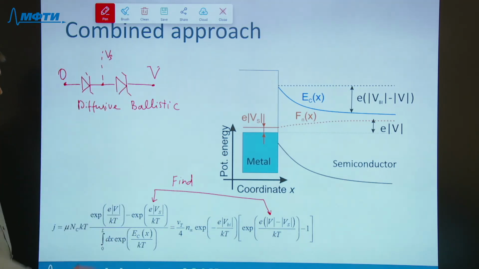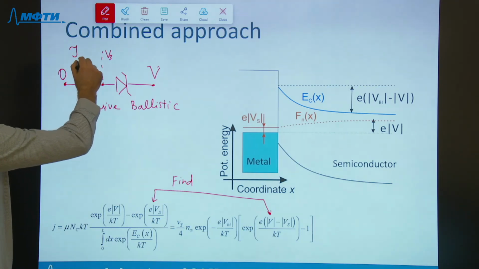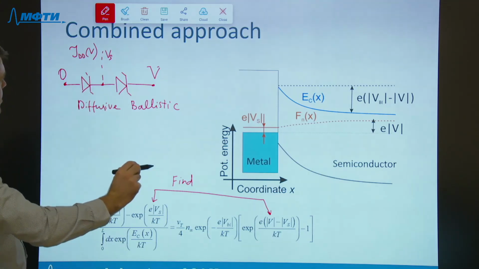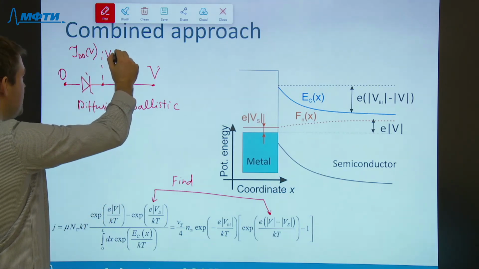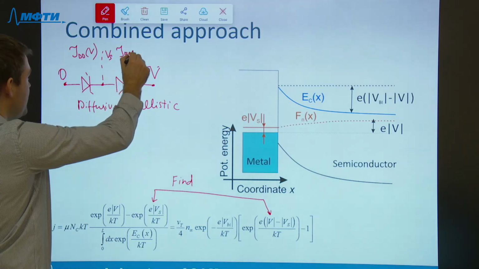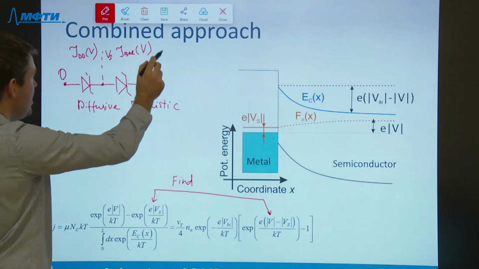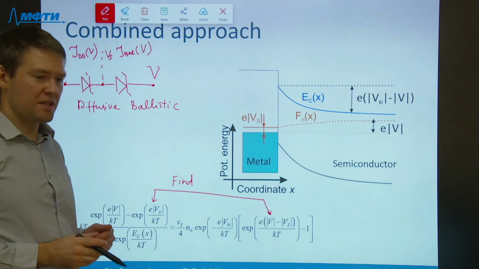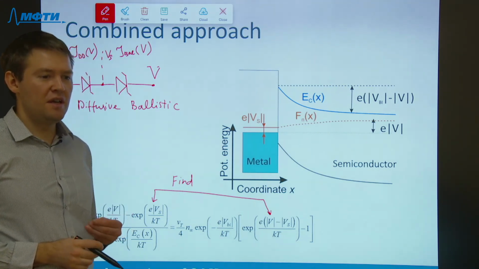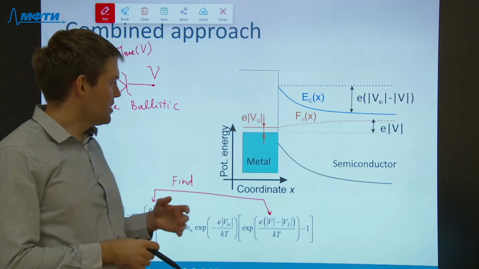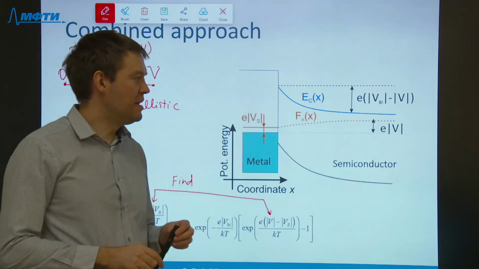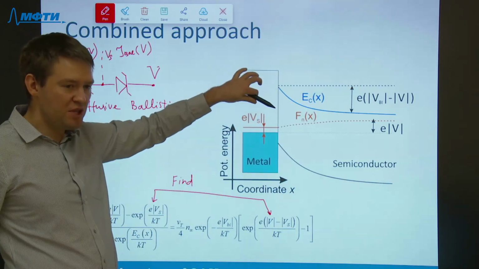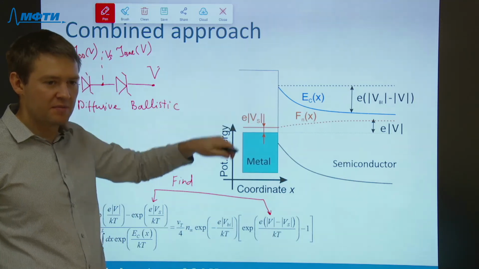So the problem is fully identical to a sequential connection of a drift-diffusive diode with IV curve I_DD depending on V, and a ballistic diode with its known ballistic IV curve I_ballistic depending on V. So the result is that the current in diode structures can be limited both by diffusion in the bulk or by transmission through the boundaries.